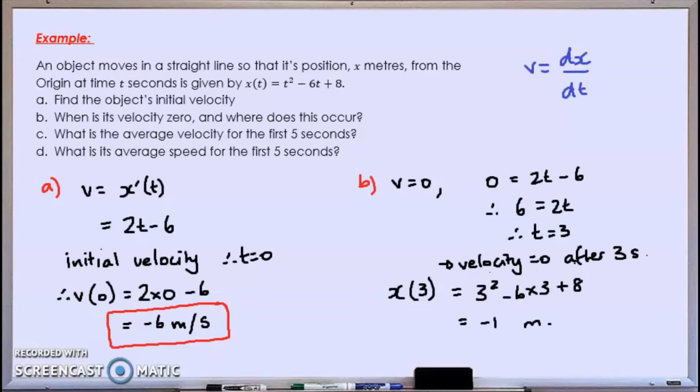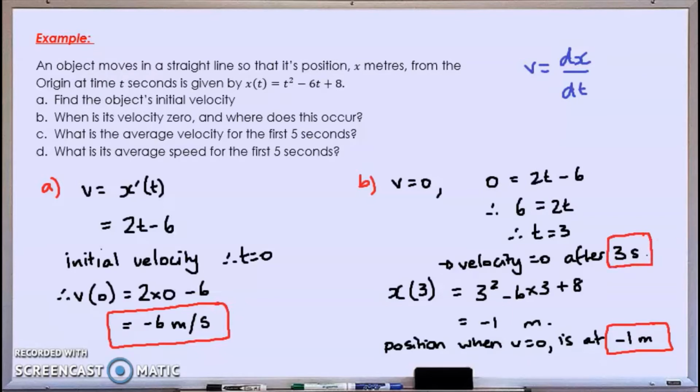So the velocity is 0 after 3 seconds, and the position when the velocity is 0 is at negative 1 meters. And remember, your sign is important, so that matters. So we're negative 1 meters from the origin. We would assume that that's 1 meter to the left of the origin.